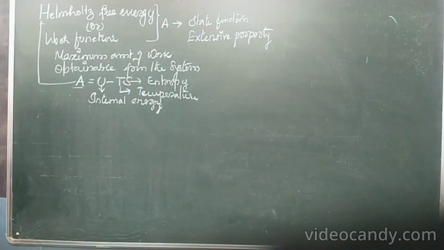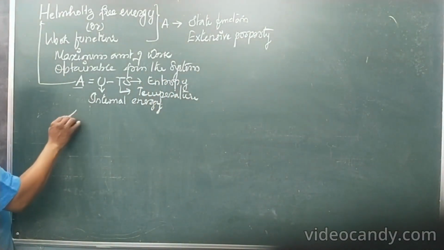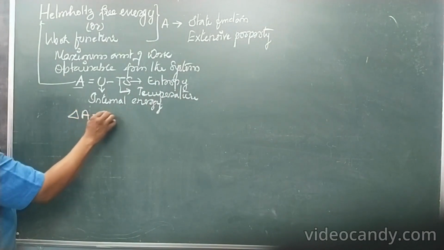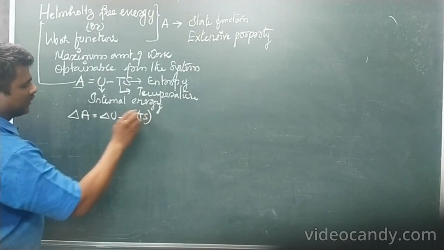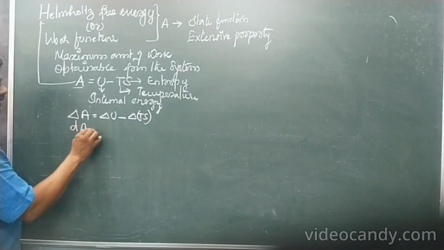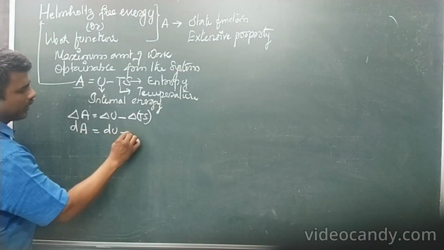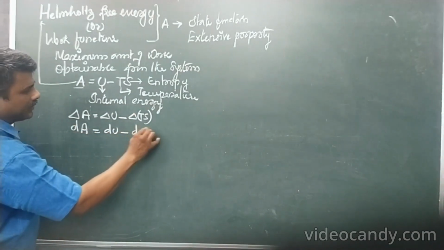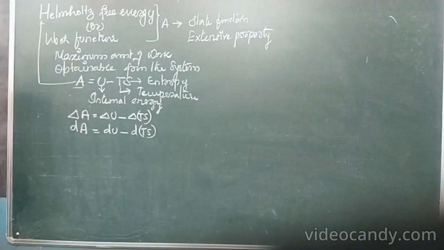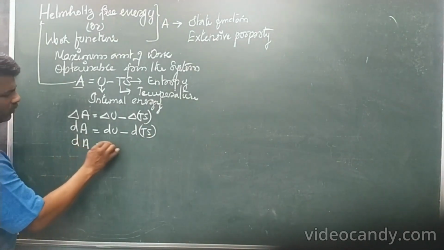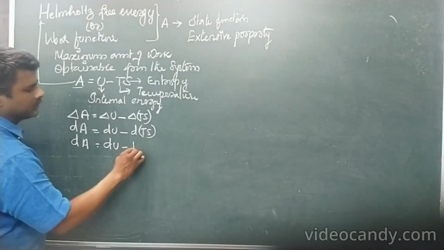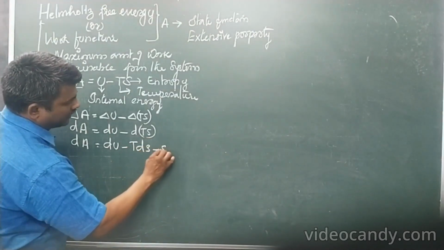Clear? In differential form, I can write dA is equal to dU minus d(TS). Expansion of this equation: dA is equal to dU minus T dS minus S dT.